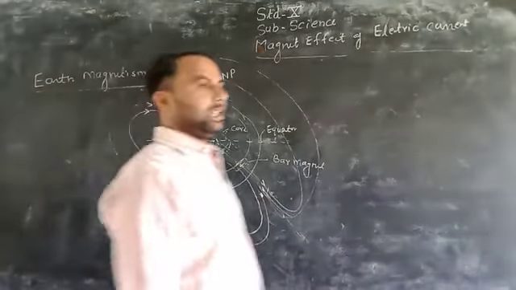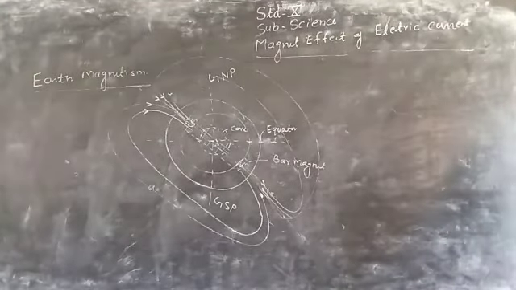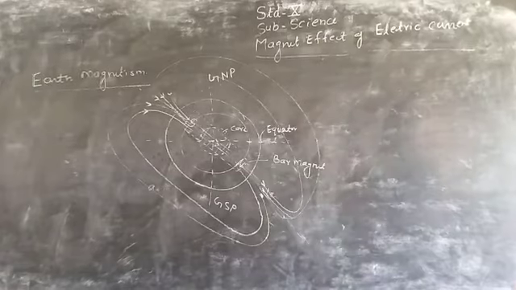When the temperature and pressure of the core part are very high, the heavy metals get ionized.